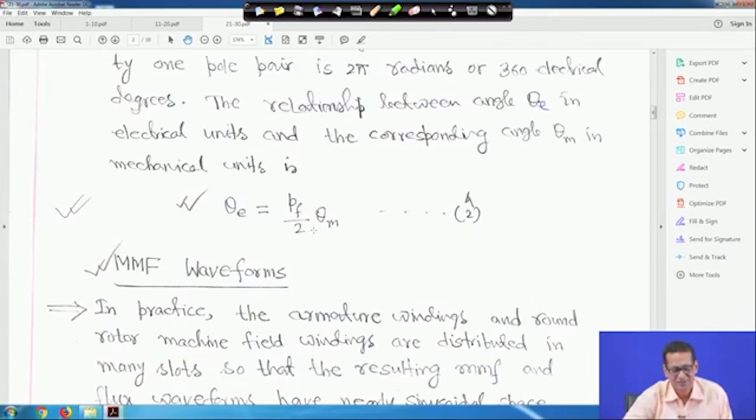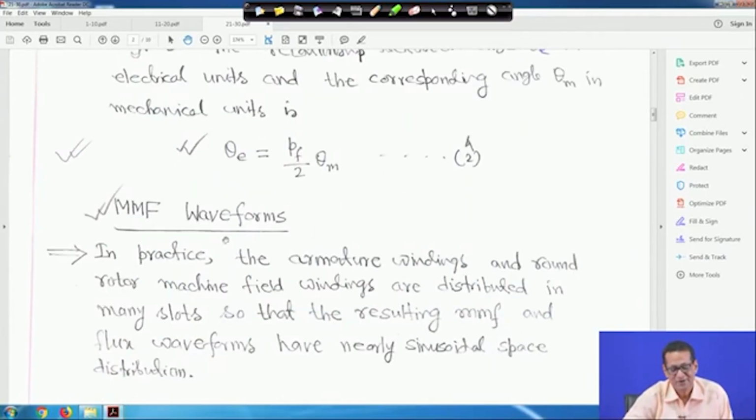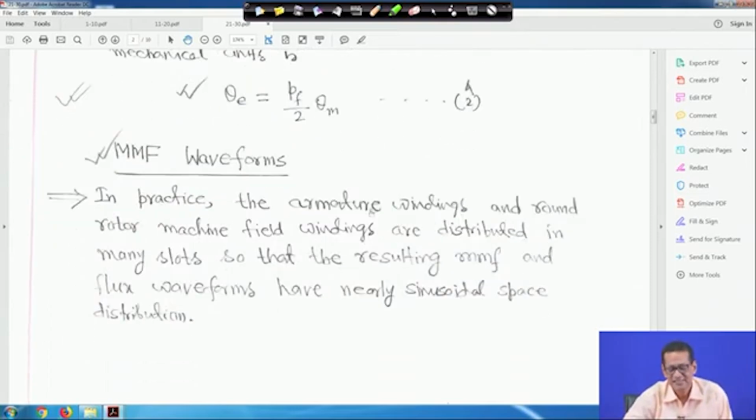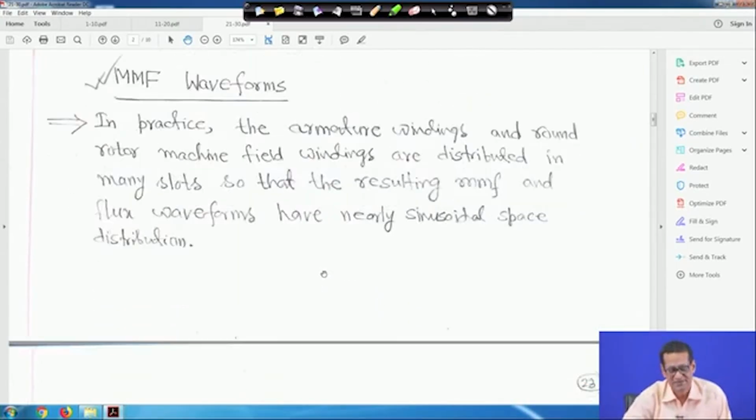So next is your MMF waveforms. This you have already studied, but I have to start this, so that's why we have taken a little bit. In practice, the armature windings and round rotor machine field windings are distributed in many slots, so that the resulting MMF and the flux waveforms have nearly sinusoidal space distribution, right.